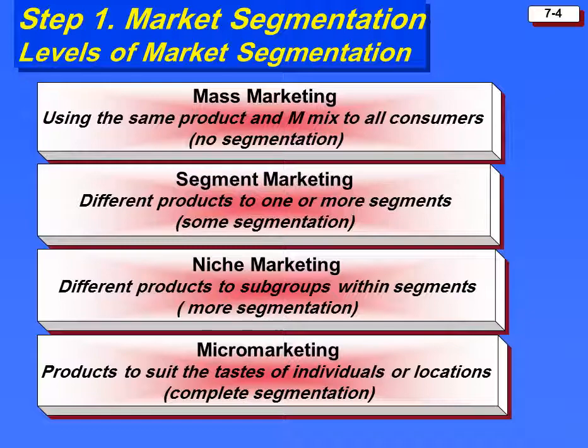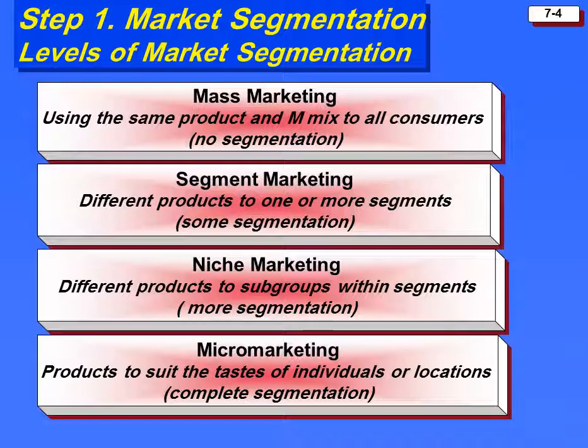Instead, they look for broader classes of buyers who differ in their product needs or buying responses. Market segmentation can be carried out at many different levels. Companies can practice no segmentation, called mass marketing, complete segmentation, which is micro marketing, or something in between, segment marketing or niche marketing.